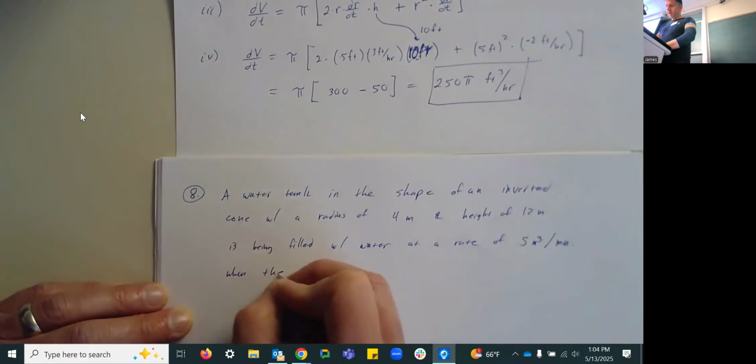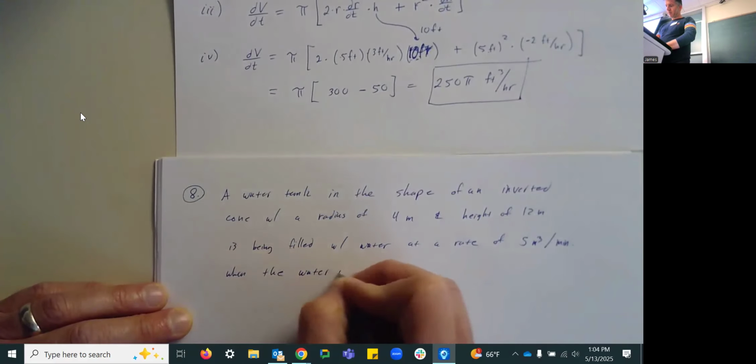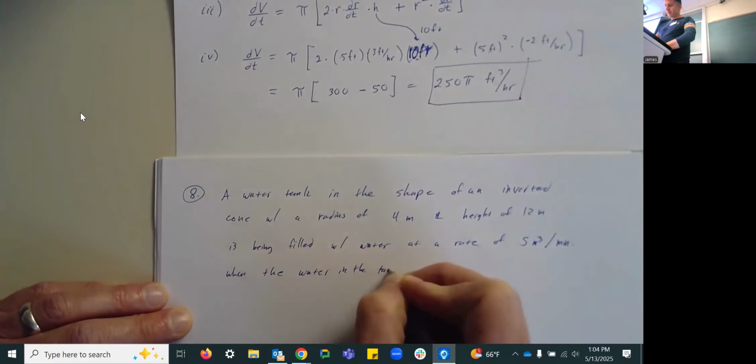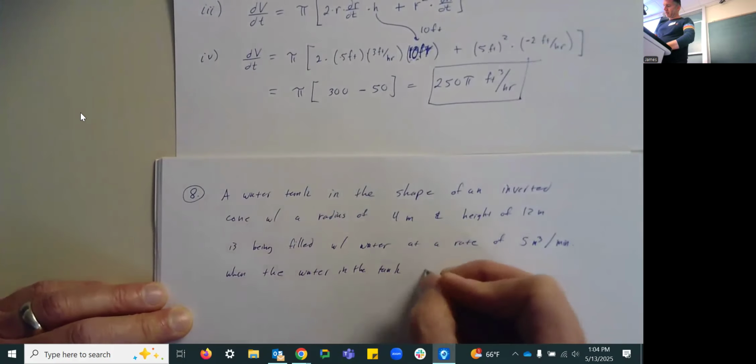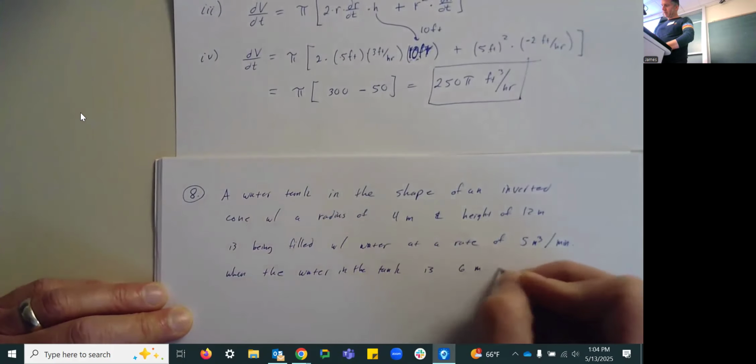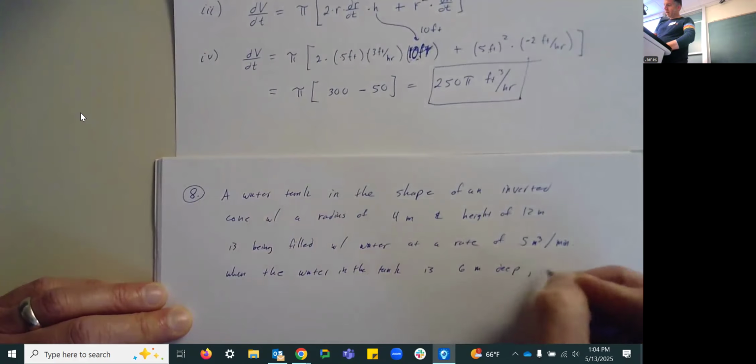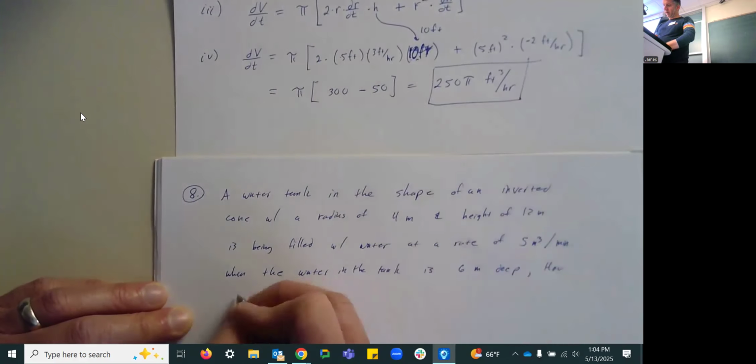When the water in the tank is 6 meters deep, how fast is the water level rising?